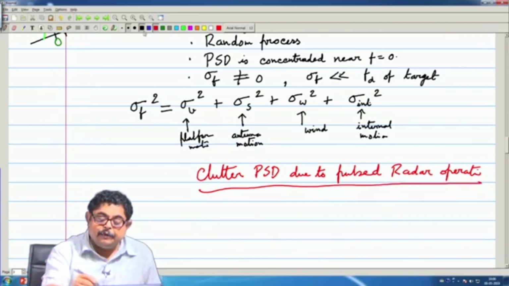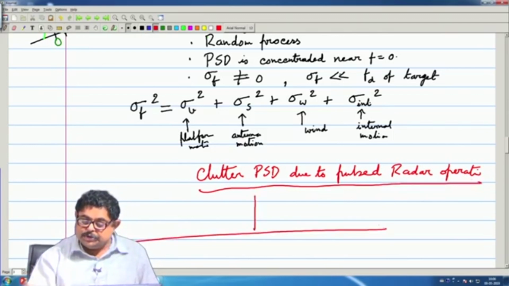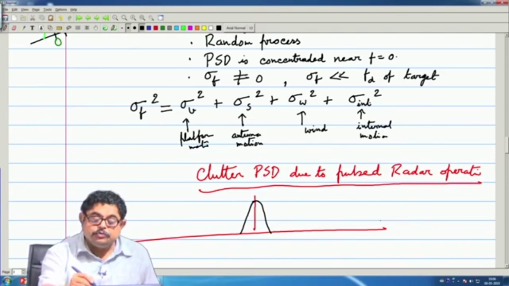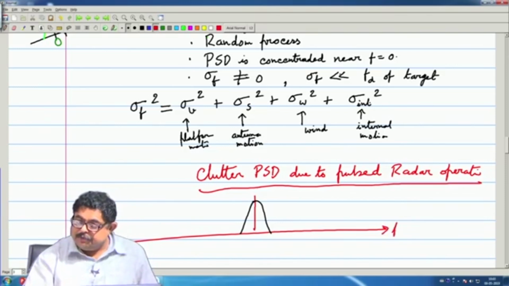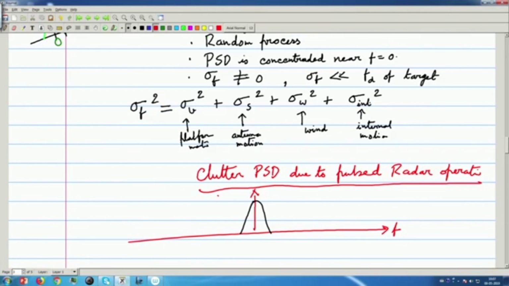So, this spectrum, this is F, this is my clutter PSD. So, this is 0, but at every FR this will be repeated, because a sampling operation type of thing is taking place.